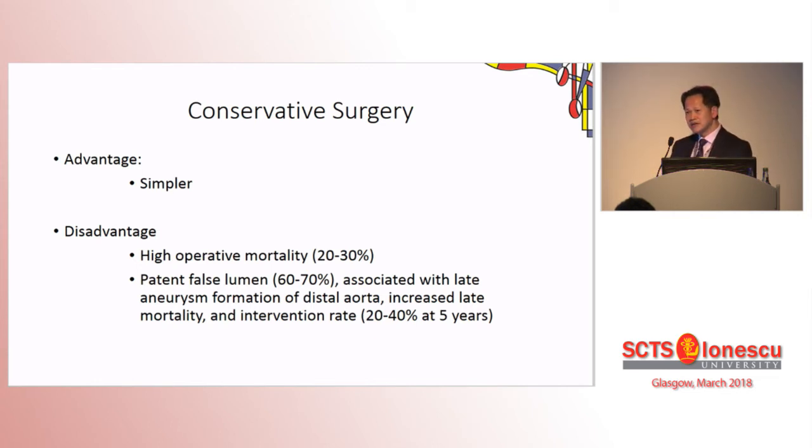And about 30 to 40%, although we just heard about 25% if you're in Hamburg, but the published data is that about 30 to 40% of patients will need some form of intervention at about 5 years. So for the patients that survive, there is potentially a problem not too far down the line. And the issue is, can we change that in some way? Can we change that by doing a more aggressive operation? What's the price that you have to pay to do that?